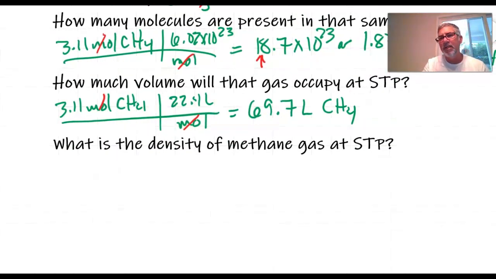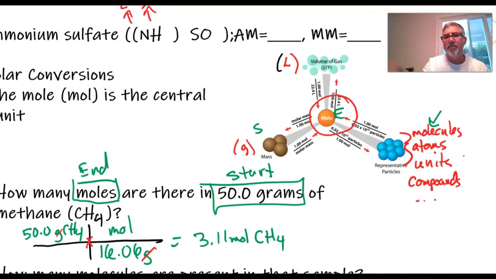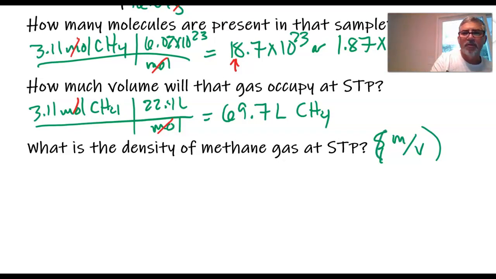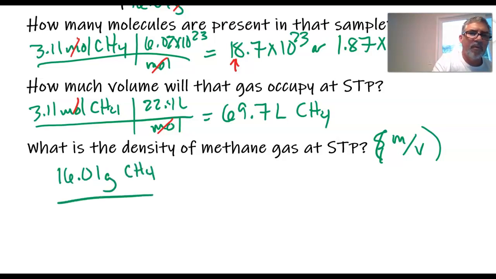All right, density. It's a different question. Notice there's nothing up here on density. There's nothing on our roadmap for density. So density is mass over volume. If I want molar density, my mass was 16.01 grams, and my molar volume is 22.4 liters.